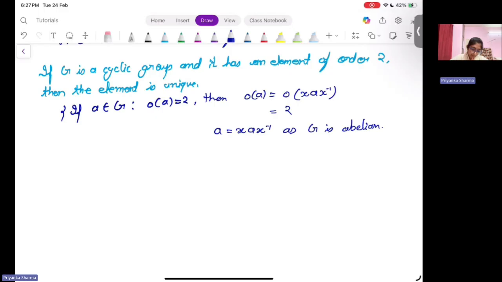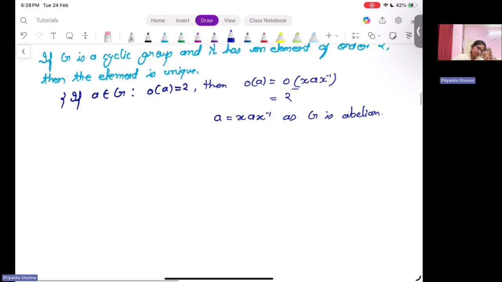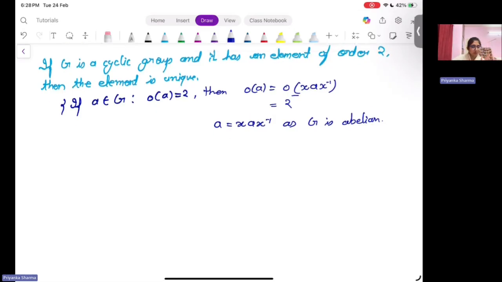It means a and x a x inverse, they are the same. So whenever we have another element of order 2 of this form, that is x a x inverse, that will be the same as a. It means the element of order 2 will be unique.